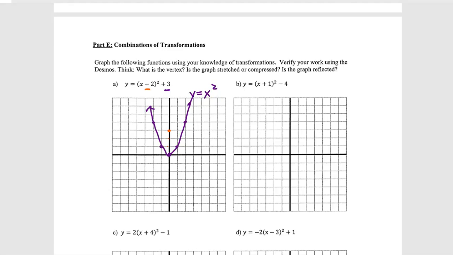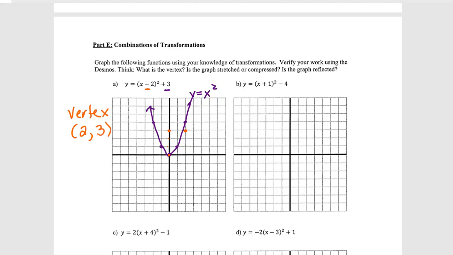Then the first number has a -2 in the brackets. Remember, in the brackets is left and right, opposite of what you think. So I'm going to move my vertex to the right 2. Instead of 0, 0, my vertex is now at +2 and +3.